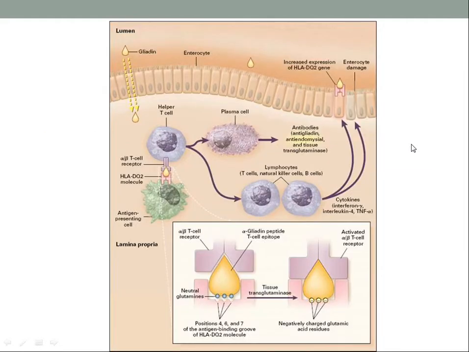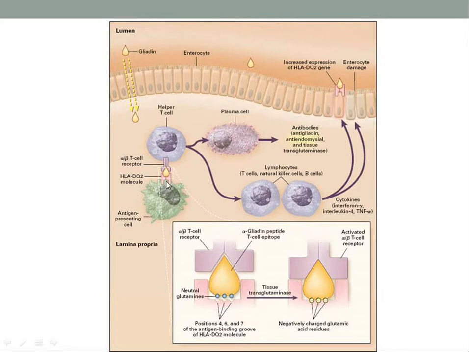So the pathogenesis of the disease is fairly straightforward. Essentially, you have the overactivation of gliadin-specific type 1 helper T cells as a result of stimulation by antigen-presenting cells, most commonly with an HLA-DQ2 or HLA-DQ8.